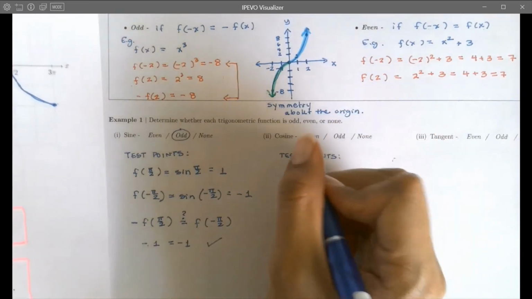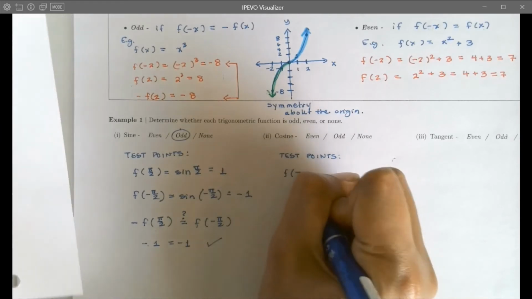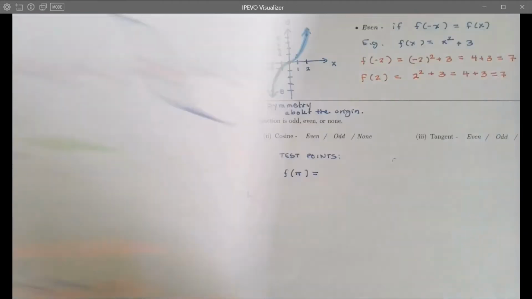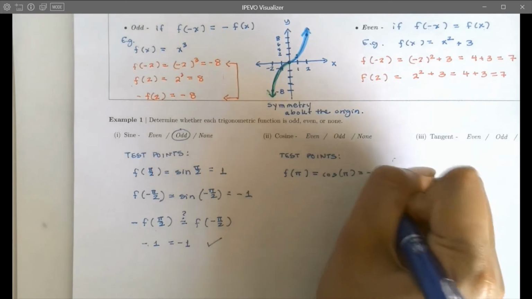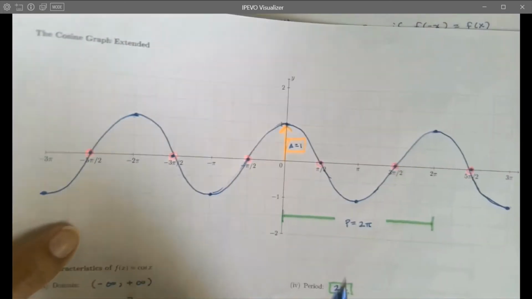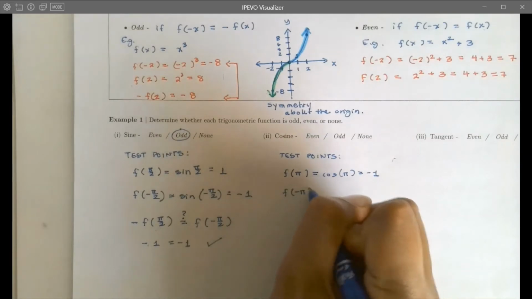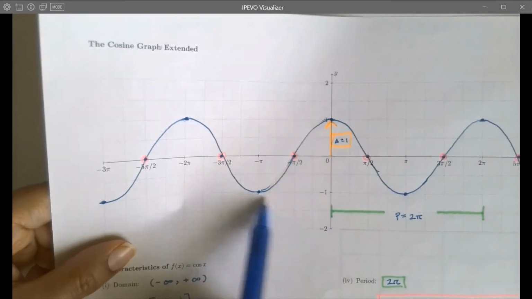If I try, for instance, let's say f of pi, or cosine of pi, it gives me negative 1. And then if I plug in f of negative pi, well, here's negative pi. It also gives us negative 1.